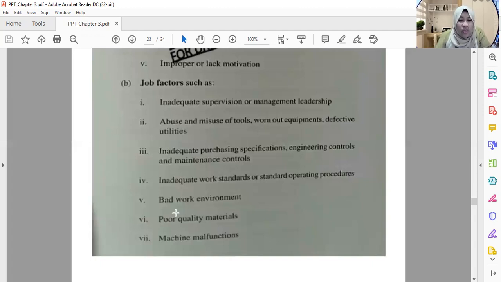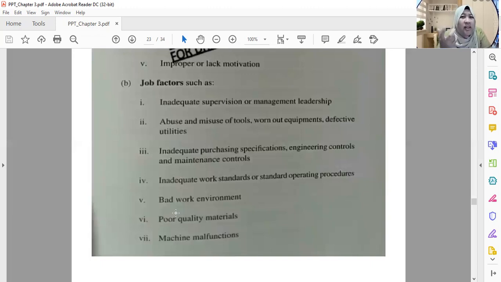And then of course there is the work environment. Maybe the environment itself does not influence you to do a good job. You've been pressed, pressured, triggered elsewhere. And then we have poor quality materials.